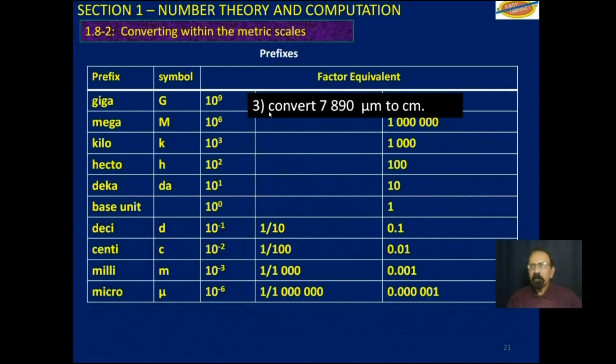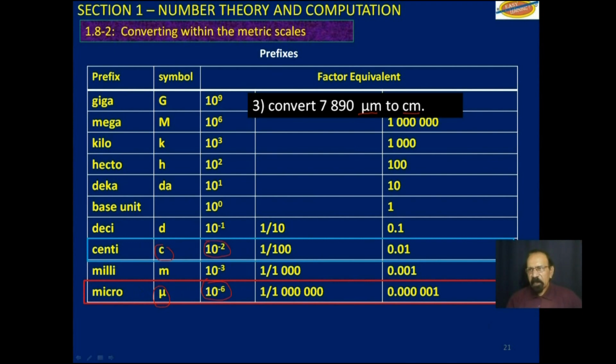Example 3, convert 7,890 micrometer to centimeter. So let's see where we are and where we are going. We are at micrometer, 10 to the negative 6, and we are going to centimeter, 10 to the negative 2.